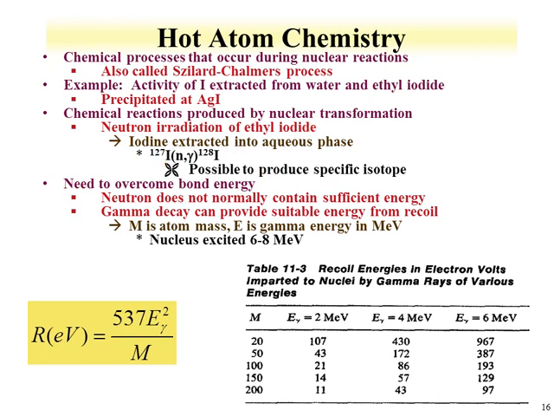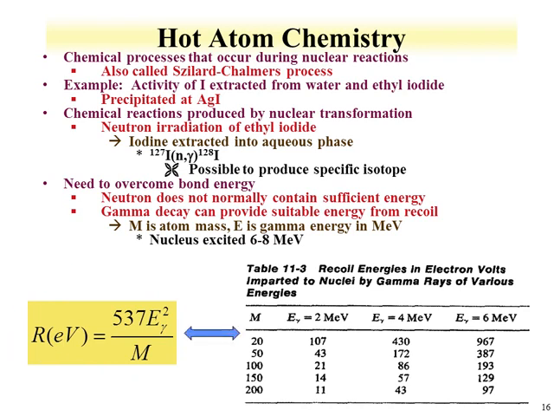In order for this hot atom chemistry to occur, the reaction needs to overcome bond energy. Neutrons normally don't provide sufficient recoil energy. However, from a nuclear reaction, you can get gamma decay. The recoil energy from the gamma decay can be calculated with this equation.